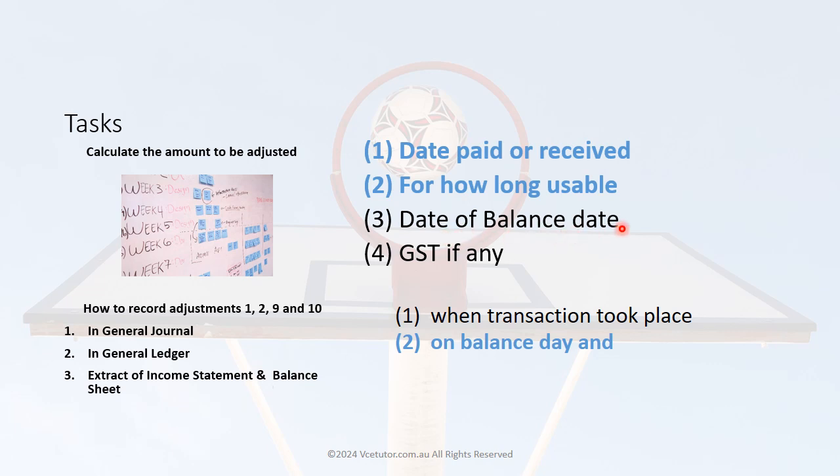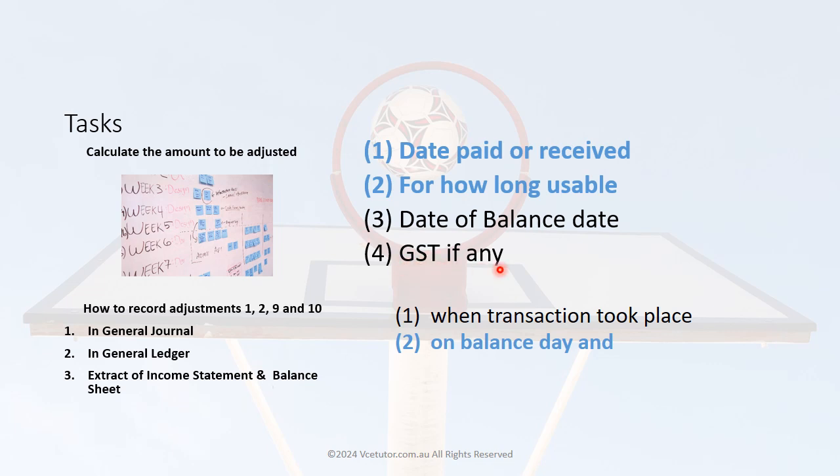I have got GST, if any, in a different color, because GST is not going to impact your calculation of amount prepaid or accrued, because GST is neither an expense nor an income for a business. So this is not going to make any difference to your calculation. Although the balance date can make a difference, usually it is taken for granted as 30th June, so I have got it in a different color.